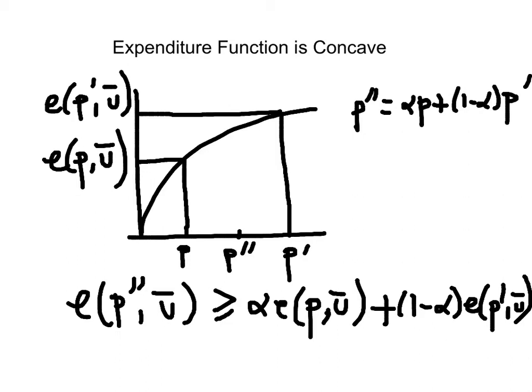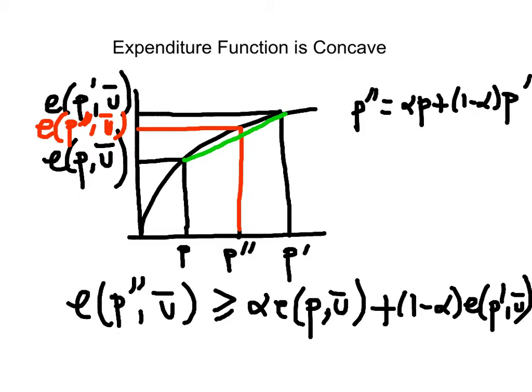So the expenditure associated with P double prime is here, right? And the linear combination between E defined over P and E defined over P prime, changing colors, the expenditure is going to be somewhere on this line.